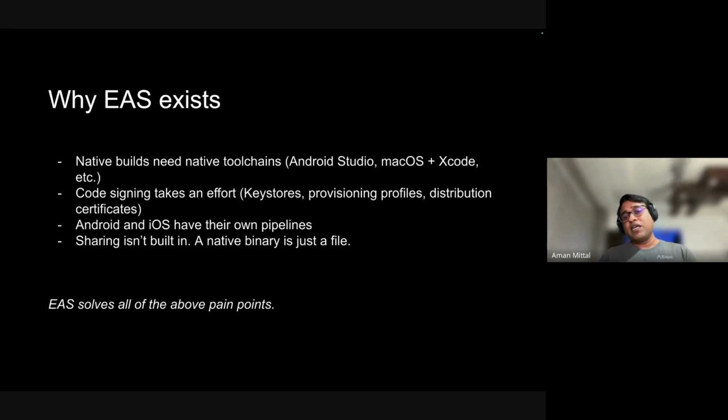If you build your app on your computer, you can't just share your computer with someone else. You need a native binary, which is just a file, like an APK or an AAB or an IPA. But there are steps to it, especially for iOS, like how you can distribute that particular file.